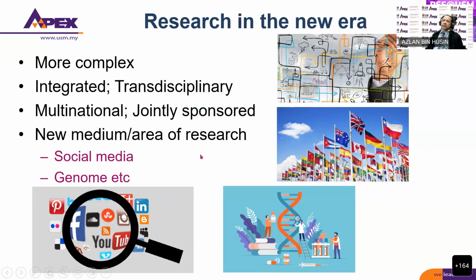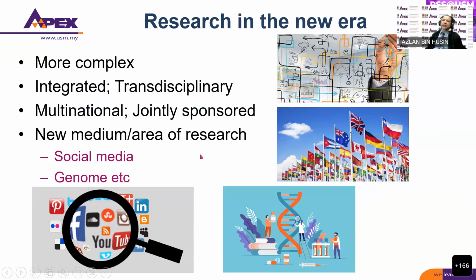So things get more complicated when nowadays we have research in the new era where you have more complex, integrated, transdisciplinary research, and some of the research goes across national boundaries because it can be jointly sponsored.